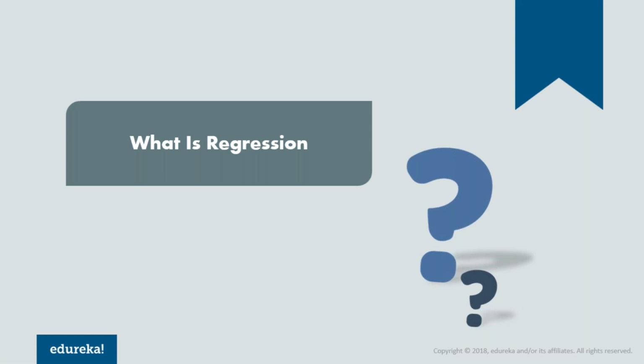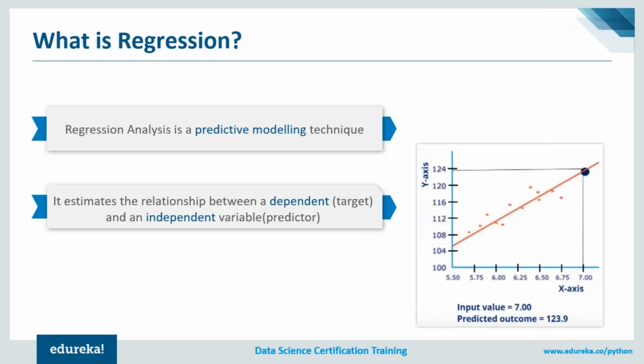When we have to say what is regression, then regression is a predictive modeling technique. What do you mean by predictive? Which means anything which we can try to expect or anticipate based on some information that we have already collected.